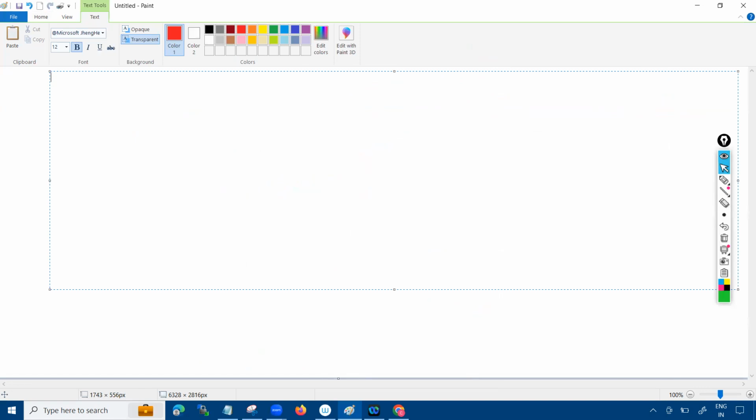IGP network statement: it enables the interface into a particular routing protocol, right? It joins the multicast group, depending on the routing protocol.